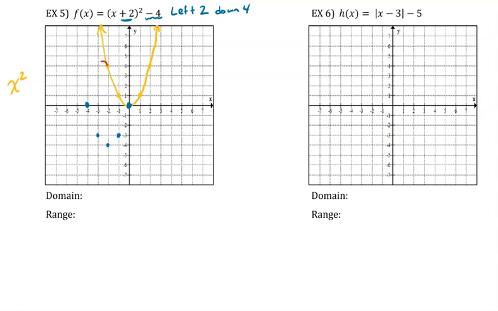Again, for each point, I literally just went left 2, down 1, 2, 3, 4. That's how I got to the next point. And I did those for all 5 points. Then we just draw our U shape back through those new points.